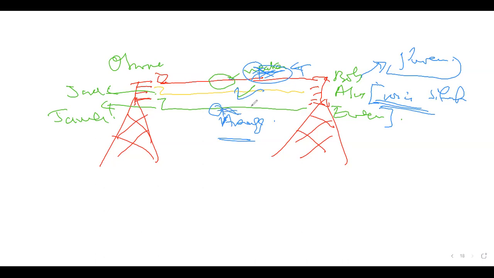Okay, so all this, assuming this is our X, the transmitter, you are transmitting X and you're receiving Y. And this is through a medium, which we call the channel.